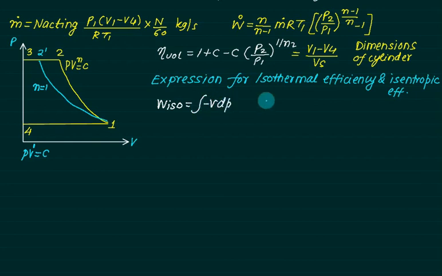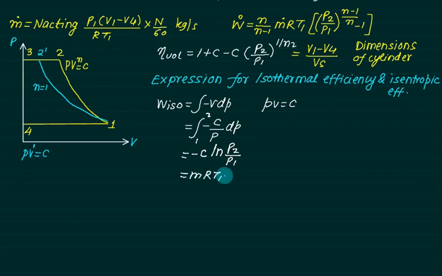For the isothermal process we have PV equals constant, so this equals the integral of minus C by P dP from P1 to P2, which gives minus C into ln of P2 by P1. C can be written as mRT1, so W iso is mRT1 into ln of P2 by P1. This is the work done for the isothermal process, and if you want to find power, you just make it m dot, so this will become power.